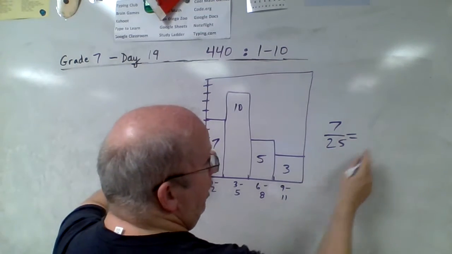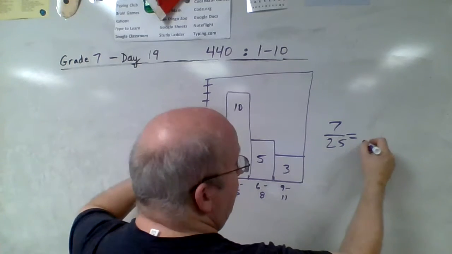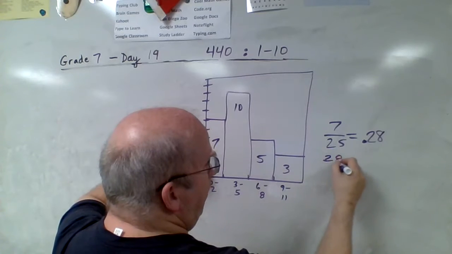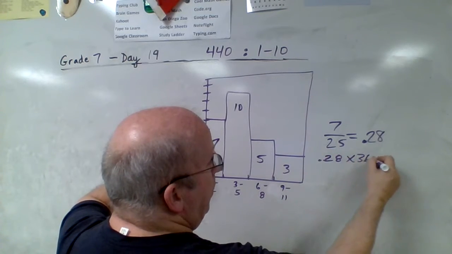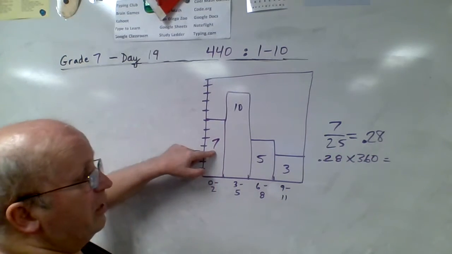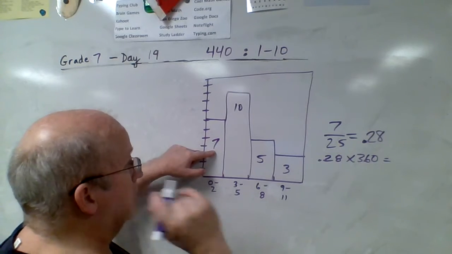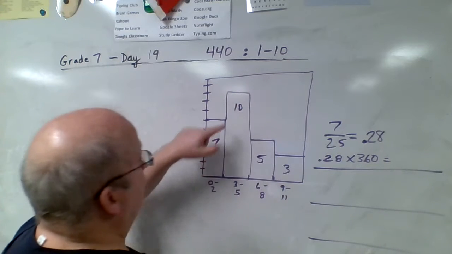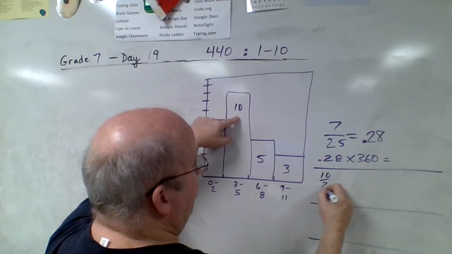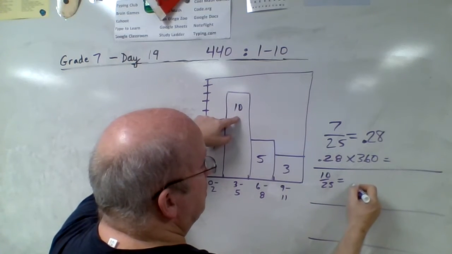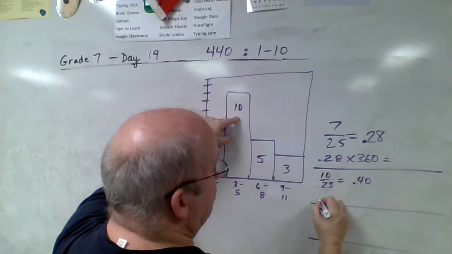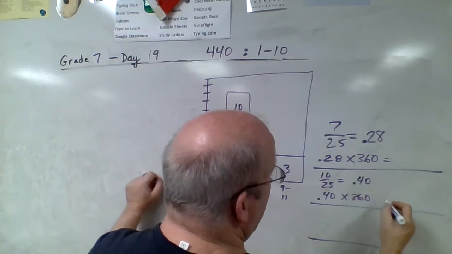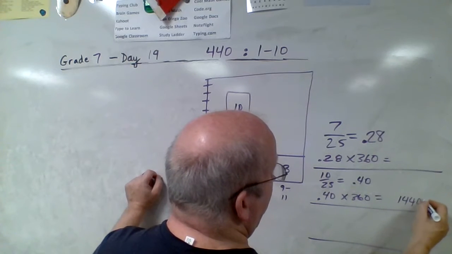Can I change that into a decimal number? Yes, it's 0.28. Can I then take that 0.28 and multiply by 360 to get a degree measurement? And I could. And I could do the same thing with each of the other sections. This would be 10 out of 25, which is the same thing as 0.40. 0.40 times 360, we did that over here. That was 144 degrees.